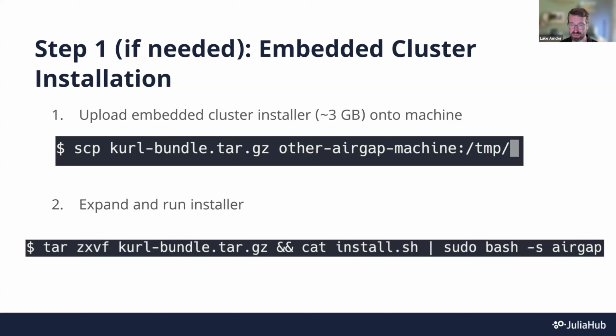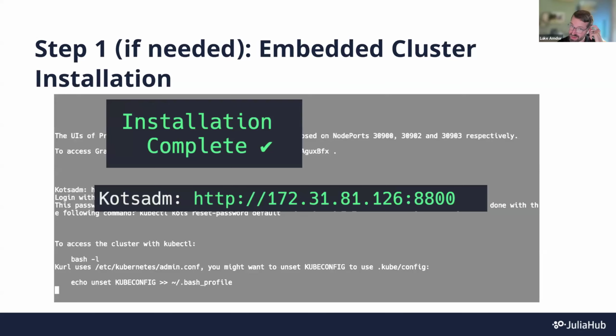You could use a lot of different tools to get that up on the machine, just as long as it gets there. Then you expand that tarball and run the install script through Bash with the air gap option, and after about 5 minutes, it'll fully run through, and you'll see installation complete, and everything will be great.